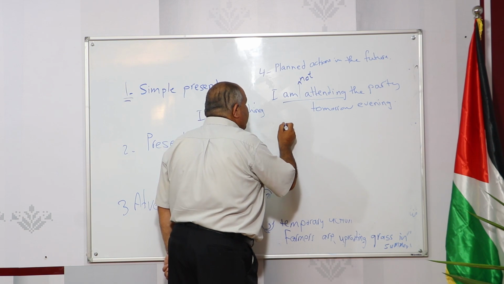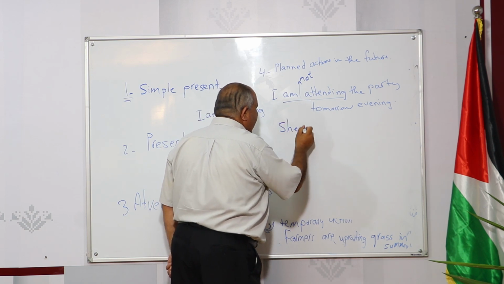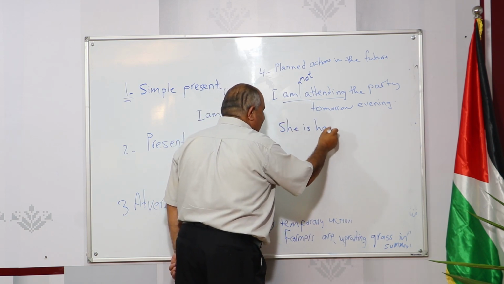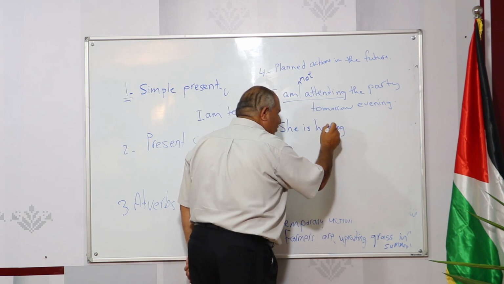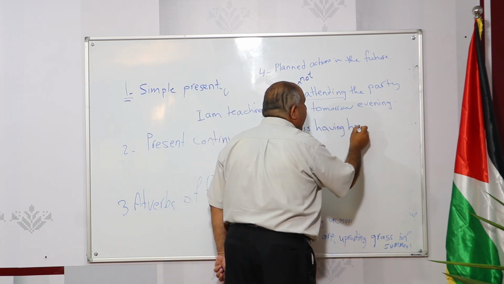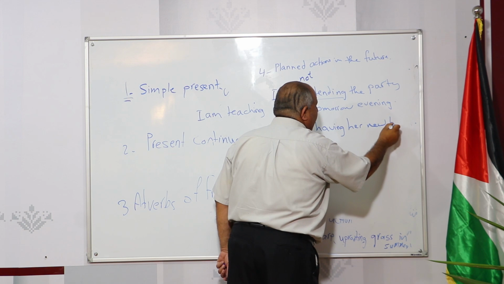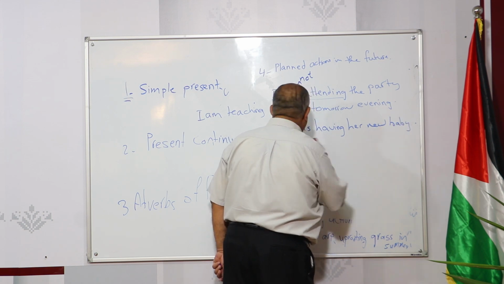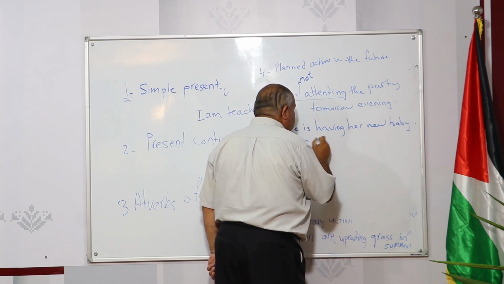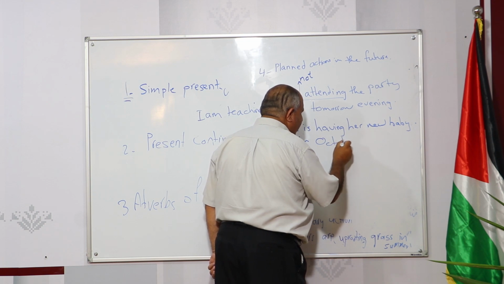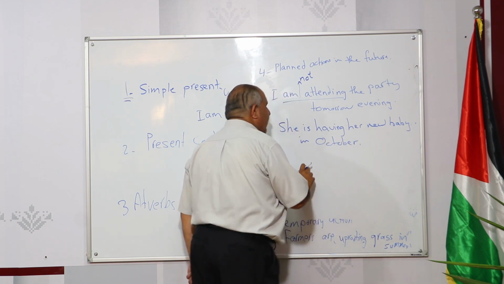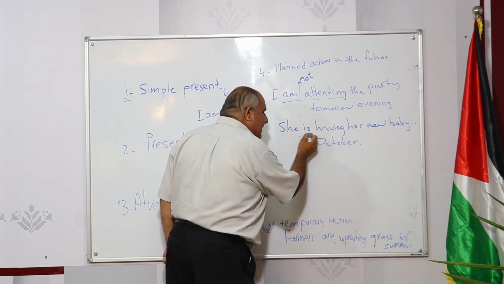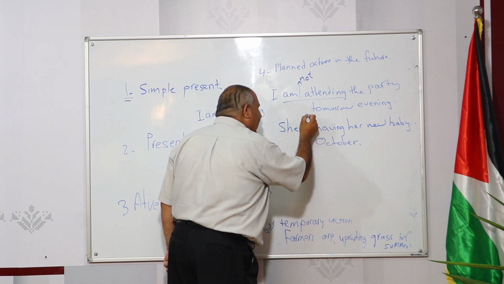Now we say she is having, according to a schedule in the future, her new baby in October, for example. We want to make it negative. Is there an auxiliary? Yes, there is. Therefore, you put not after it.